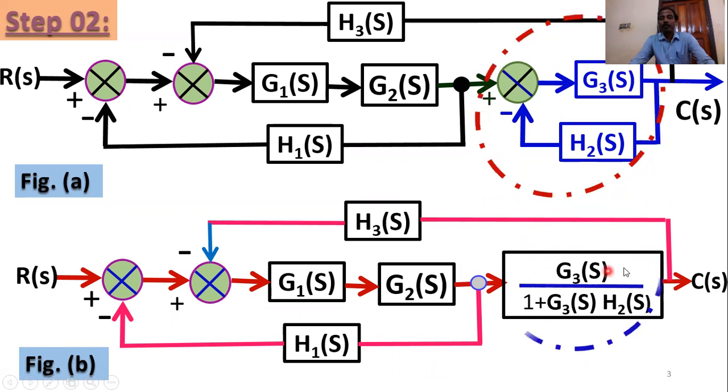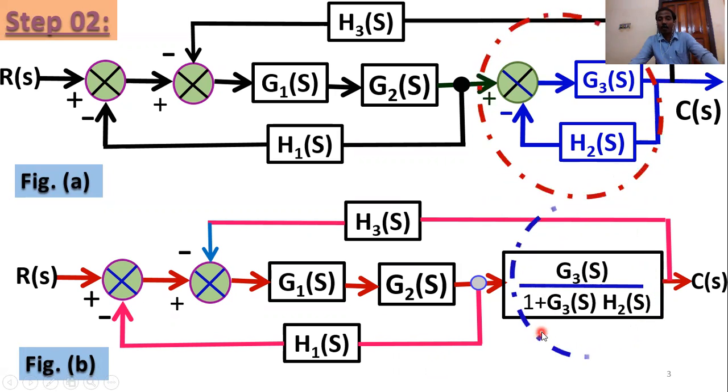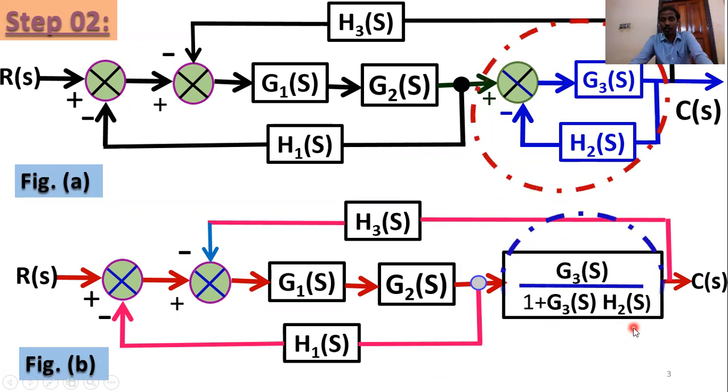This is our block gain, G3 of S by 1 plus G3 of S into H2 of S.